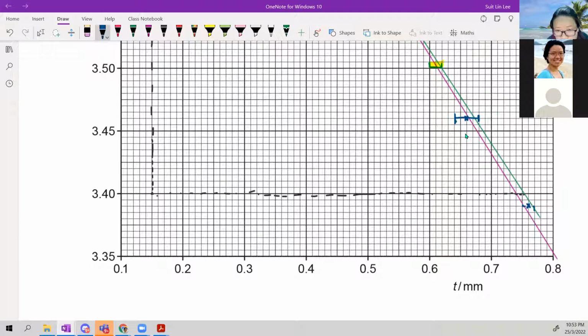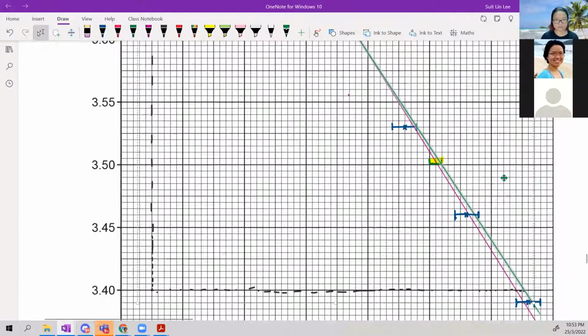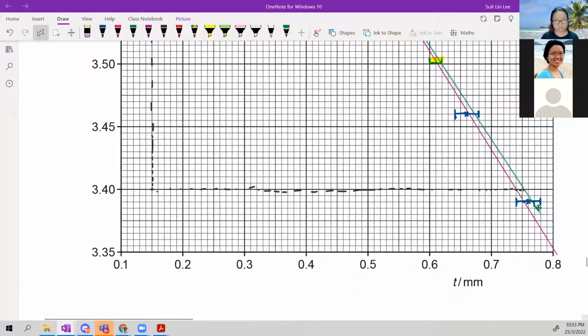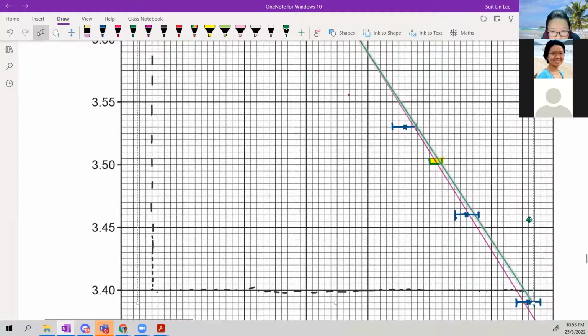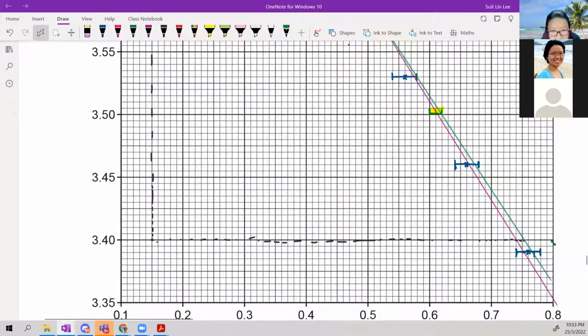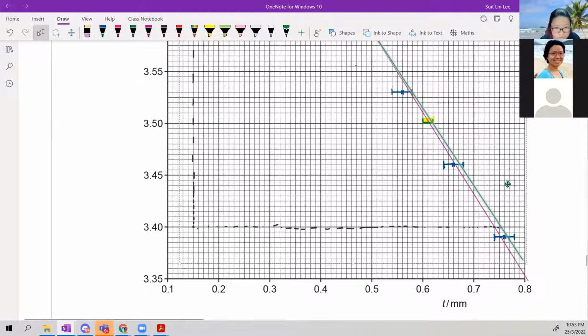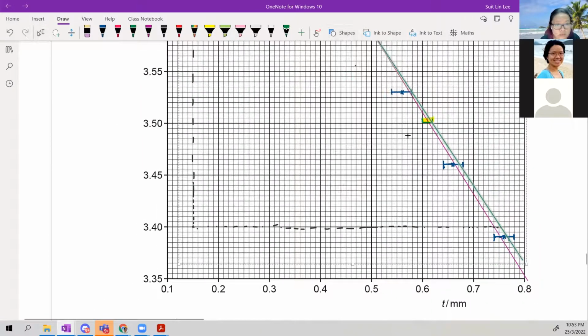I don't really need to move the purple line because I drew the purple line following the recommendation by the mark scheme. But yes, a plotting error will cost 1 mark. Okay. Is yours like that too? I just need to adjust the green graph. Green graph not cooperating.